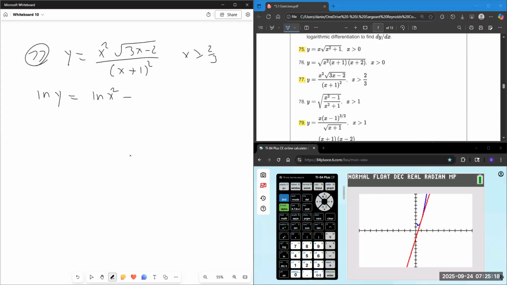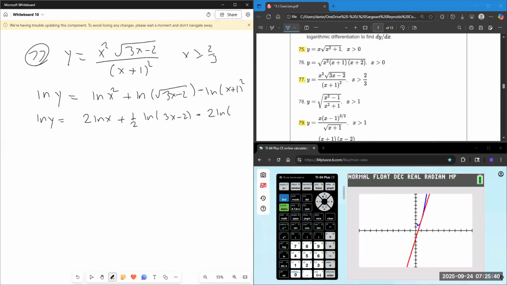This is really helpful to get those things broken up. So plus ln of root 3x minus 2 minus ln of x plus 1 squared. So ln of y is equal to 2 ln of x plus 1/2 ln of 3x minus 2 minus 2 ln of x plus 1.